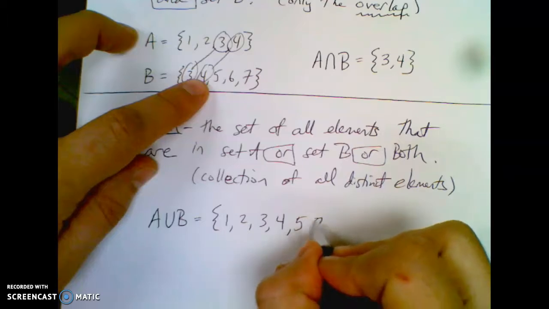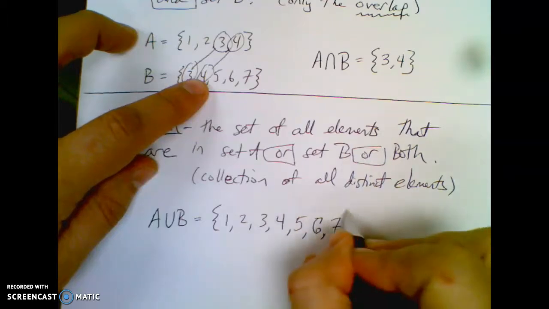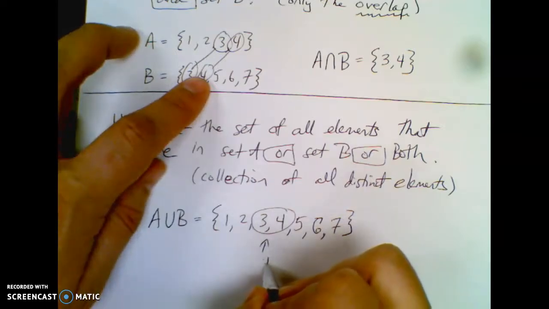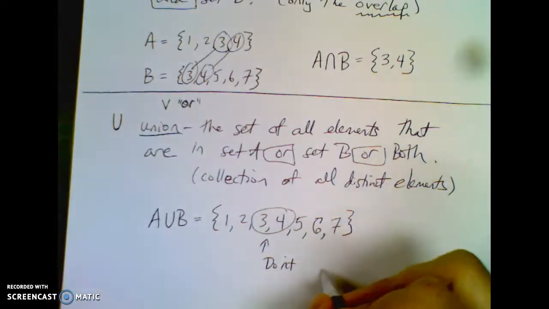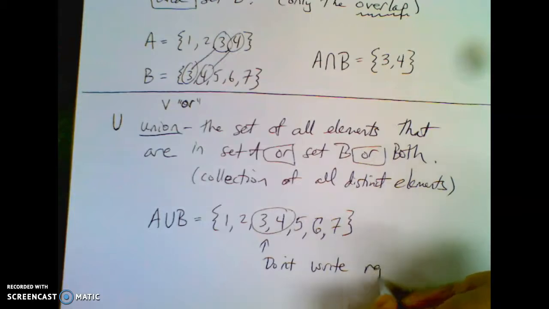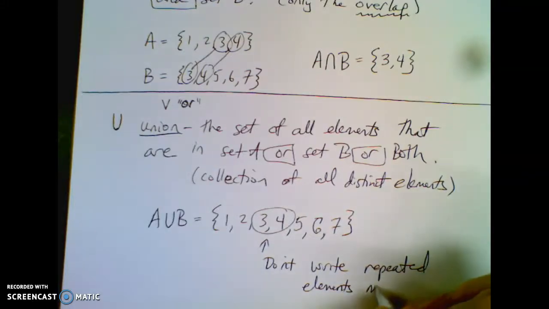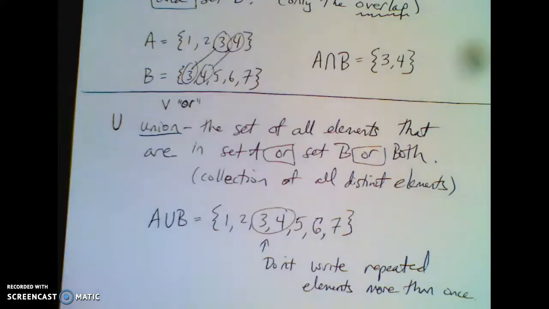And then 5, 6, 7. Okay, I'll put here, don't write repeated elements more than once. Okay, so now we have some actions. Remember when we had truth tables and we finally learned how to and or and implies and stuff? Well, now we can actually do some stuff with these, which is pretty good.